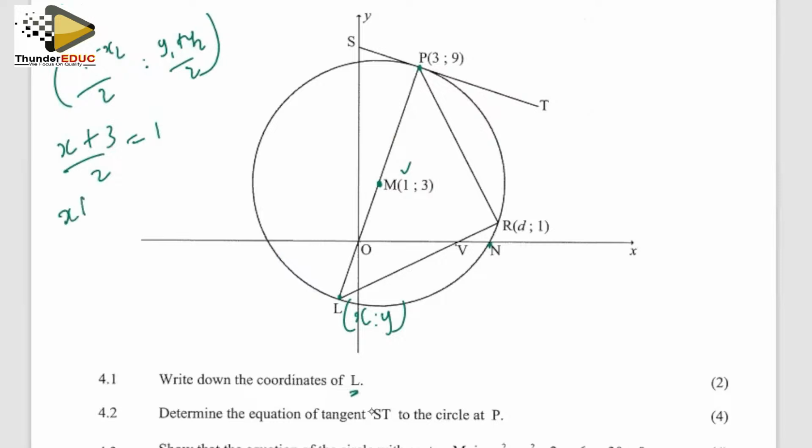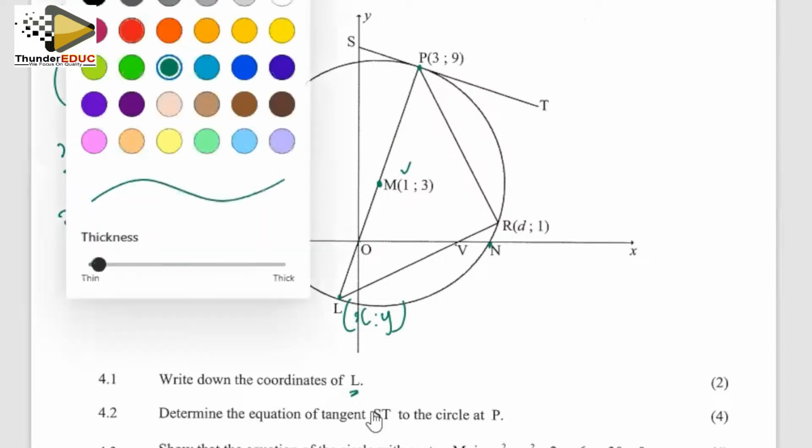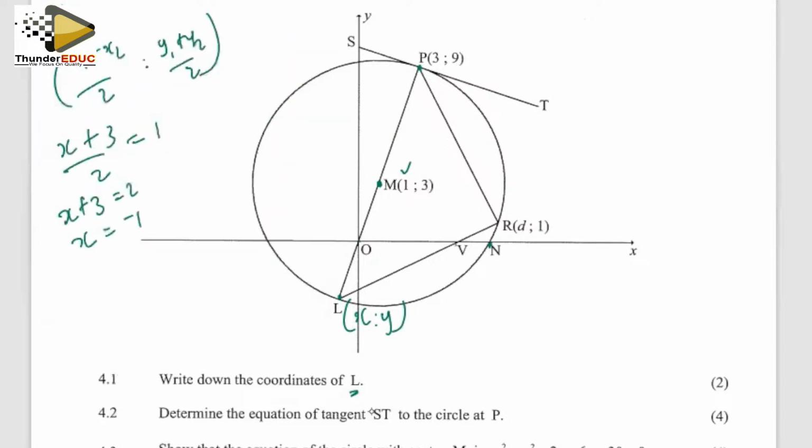Cross multiply, x plus 3 should be a 2, which means x is -1. I'll do the same with the y and say that if I have y plus 9 divided by 2, I must get a 3. Cross multiply, y plus 9 is going to give me a 6, which means y is -3. So coordinates of L are -1 and -3.